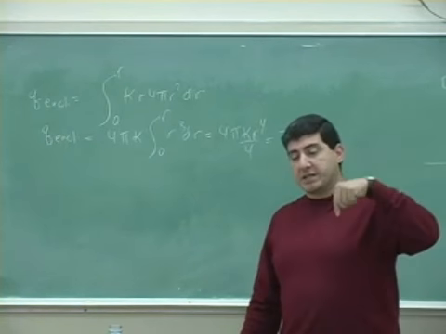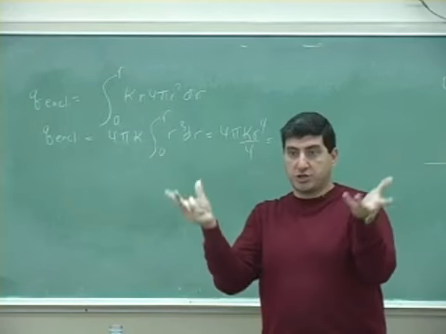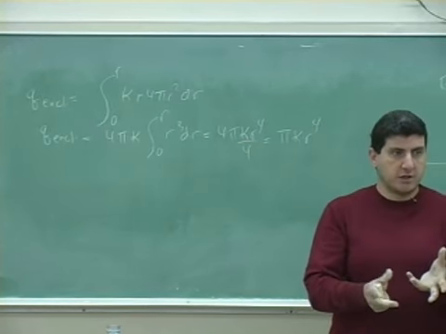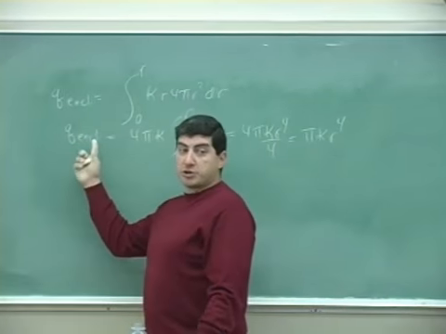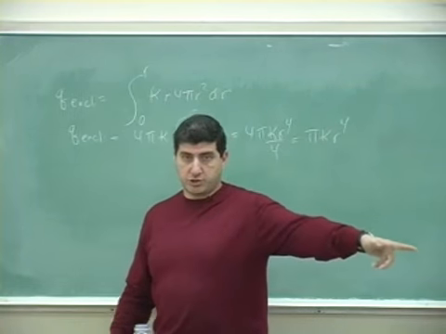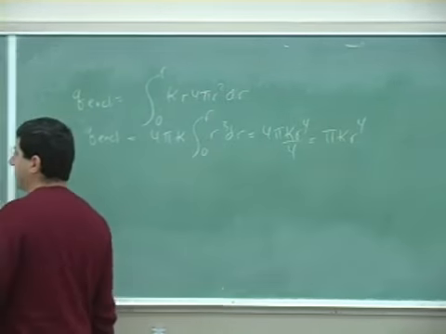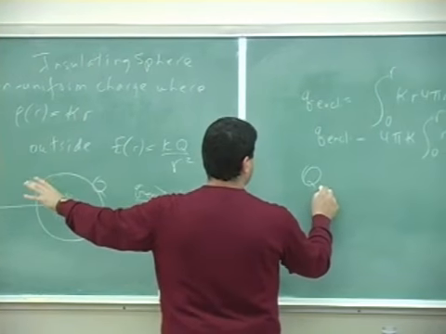But I'm going to have to now do another integral to find the total charge of the sphere, because my ultimate aim is to relate the Q enclosed to the total charge. You see, to find their relationship. So I do a similar integral now for the total charge.